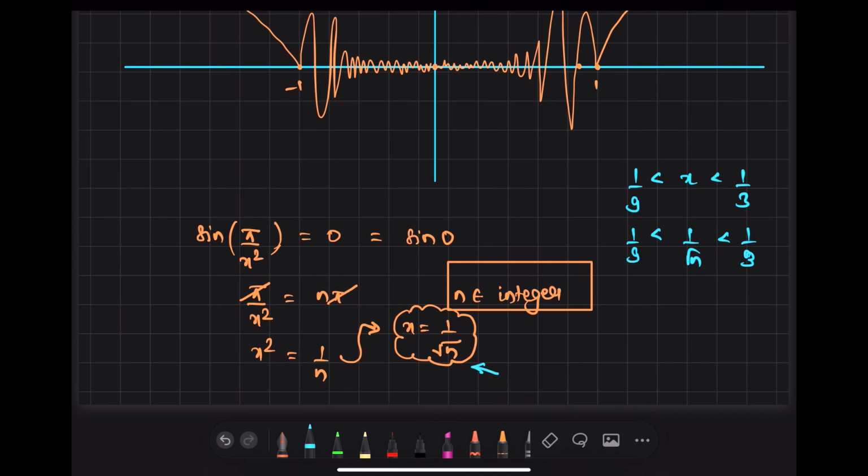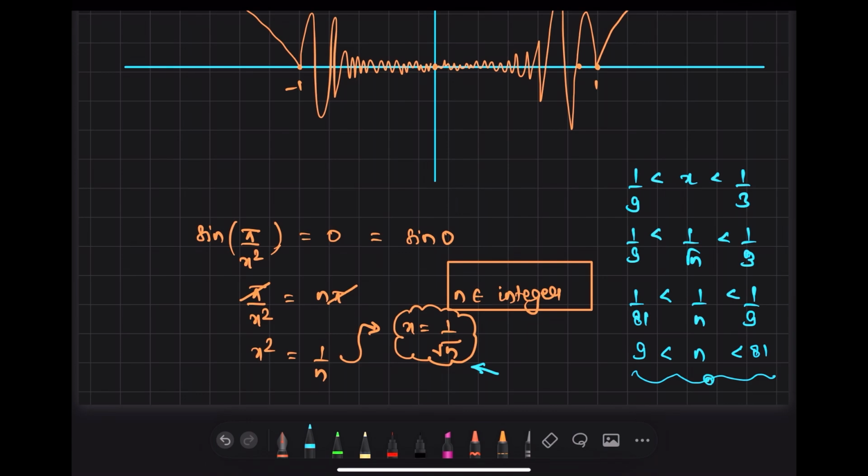Can I do squaring on both sides? We will have 1 by 81 and 1 by n and 1 by 9. Now I want to do the reciprocal. You know that if you reciprocate things in an inequality, the sign of the inequality changes. So it will become 9 to 81. Now in this interval, how many natural numbers do we have?